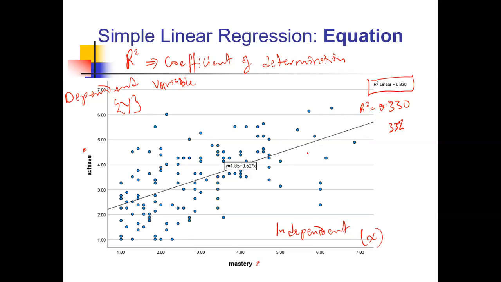An R squared of 0.330 can be interpreted as 33% of the variation in achievement is explained by mastery.